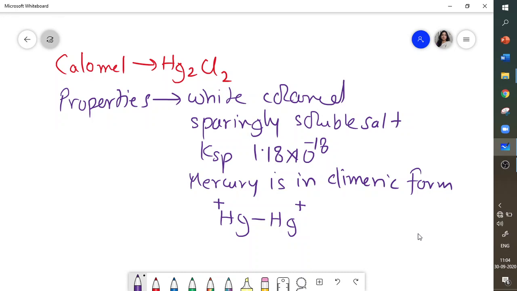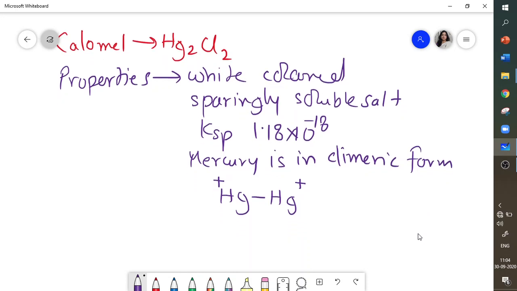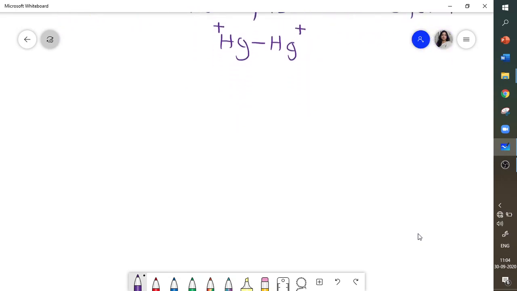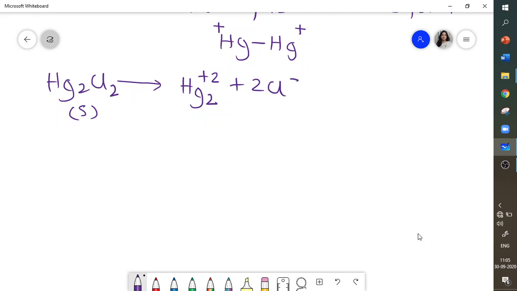One of the properties which we are going to use very much is the ionization of Hg2Cl2. It has very low solubility, so most of the time it remains in the solid form, and it ionizes as Hg2 2+ ion plus 2 chloride ions in water.